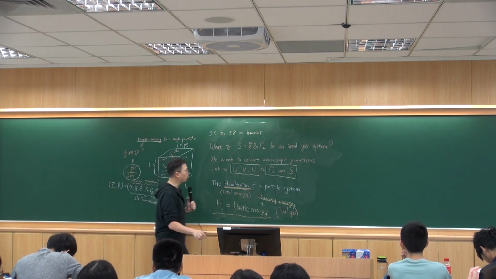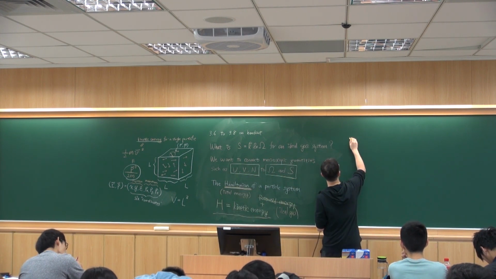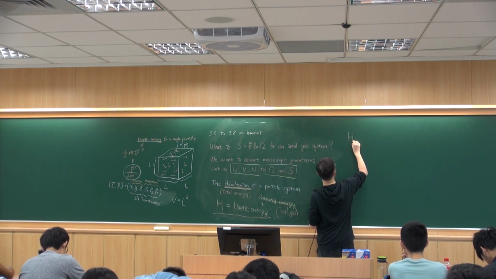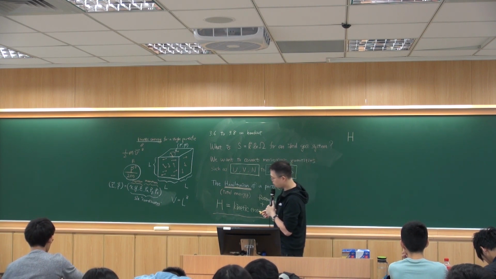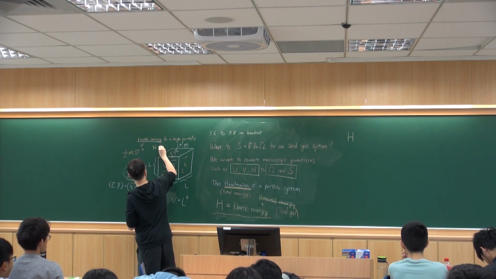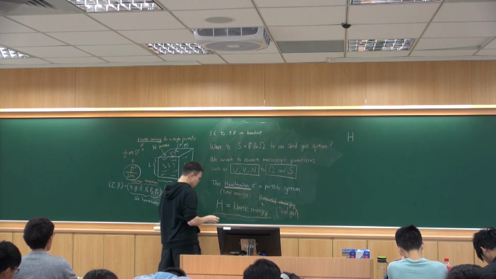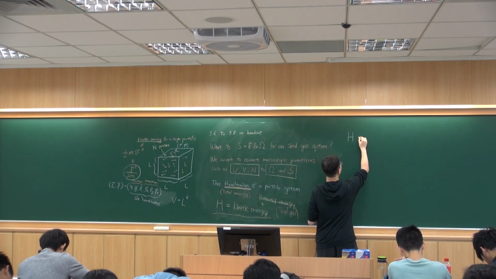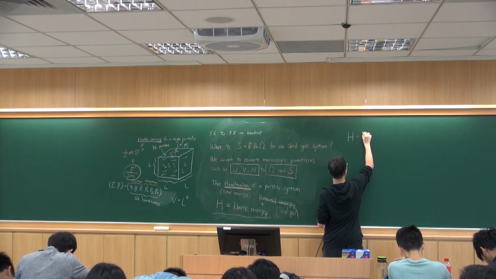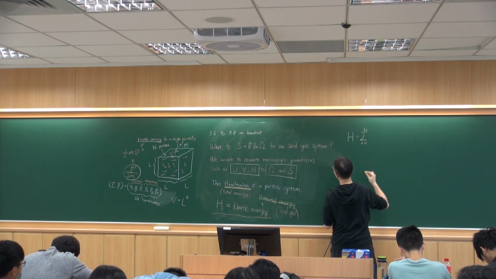Okay, you can have this. Therefore, the Hamiltonian here, imagine that you have m particles, will be something like this. Let's see.